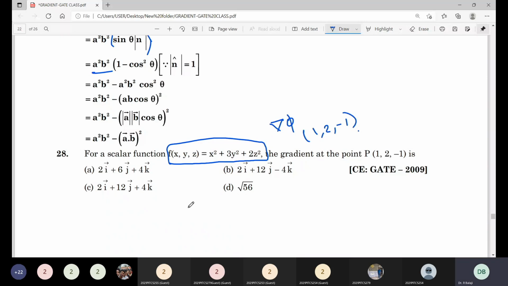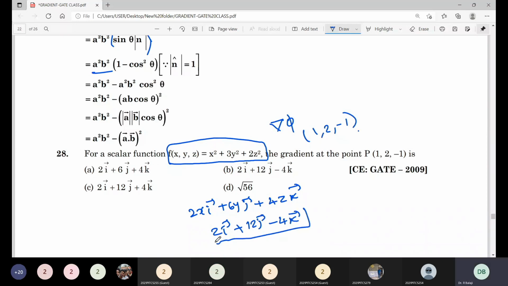Del phi is 2x into i vector plus 6y into j vector plus 4z into k vector. Now at the point 1 comma 2 comma minus 1, 2i vector plus 12j vector minus 4k vector is the answer.